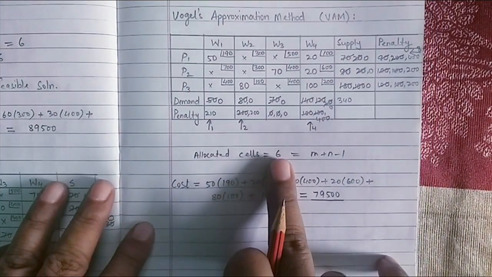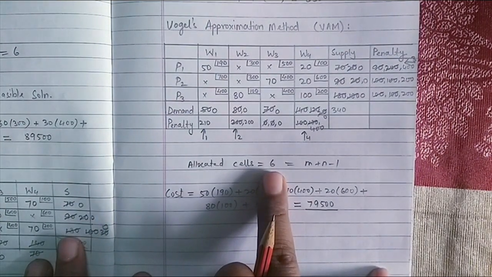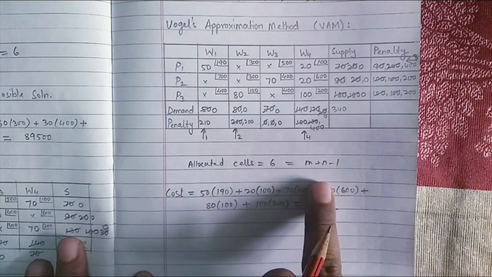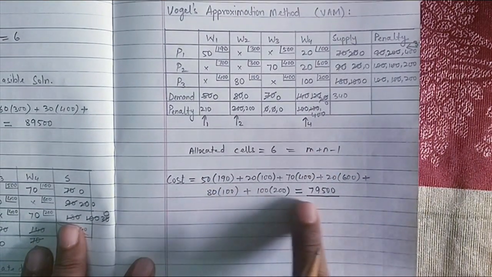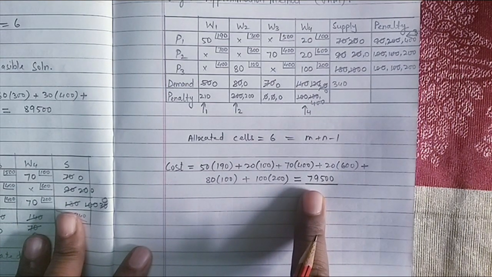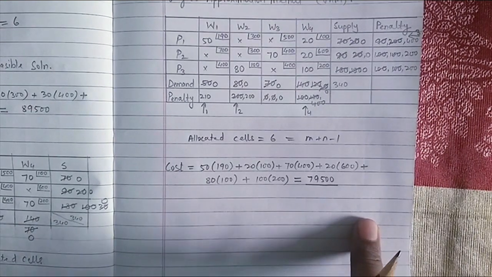And finally, using the VAM method, that is Vogel's approximation method, I got the initial feasible solution and the cost was 79,500. Okay, so even if you compare all the three methods, the VAM method is the best method which we can use to get the initial feasible solution.